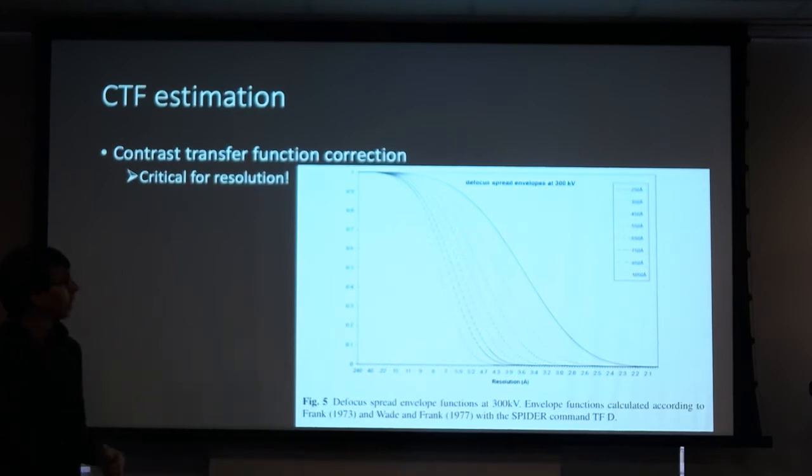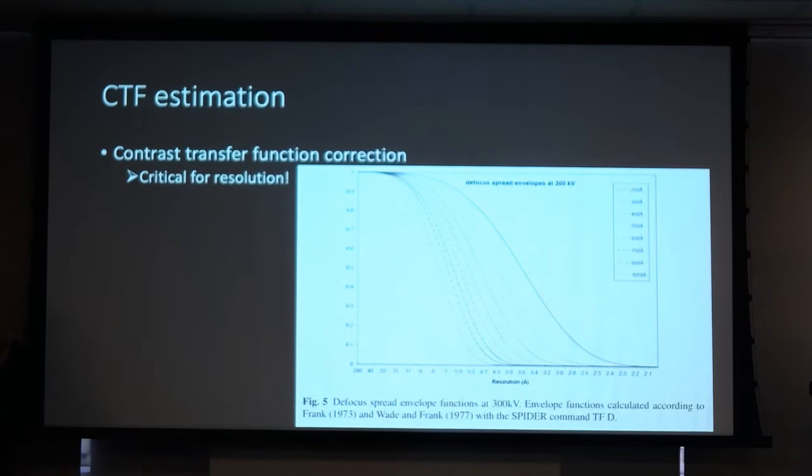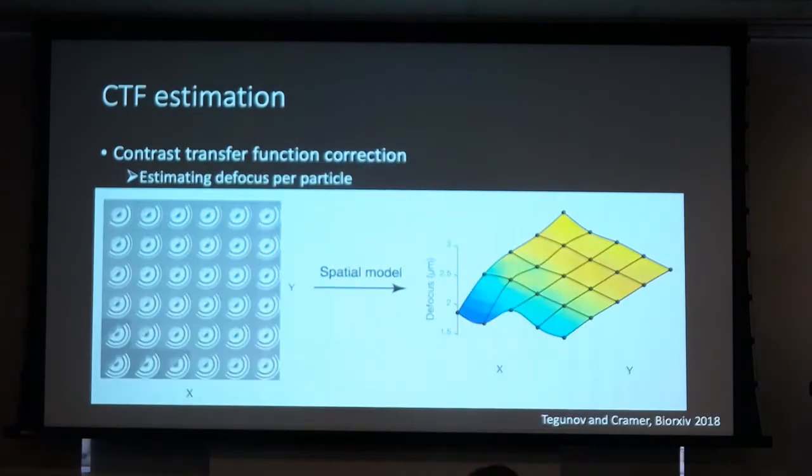Okay, so estimating the defocus per micrograph is therefore not enough to get to those resolutions. You want to have a much more localized estimation. So that's something that a program called WARP does very well. A number of programs have been trying to do that. Let's say GCTF has been trying to do that very inaccurately.